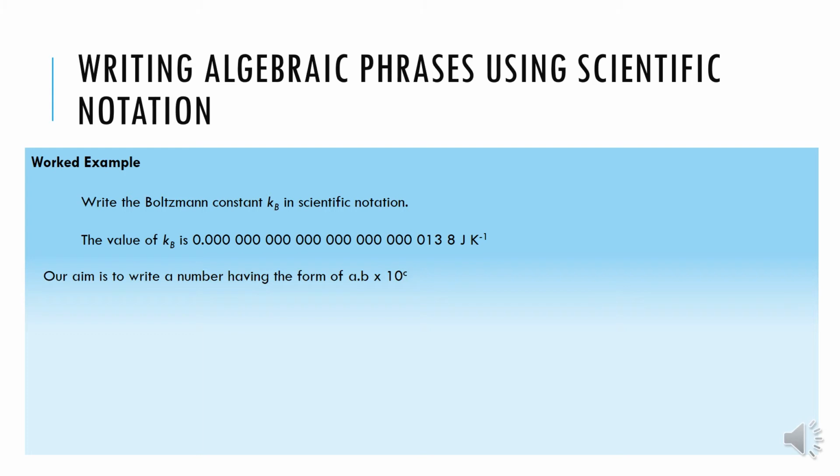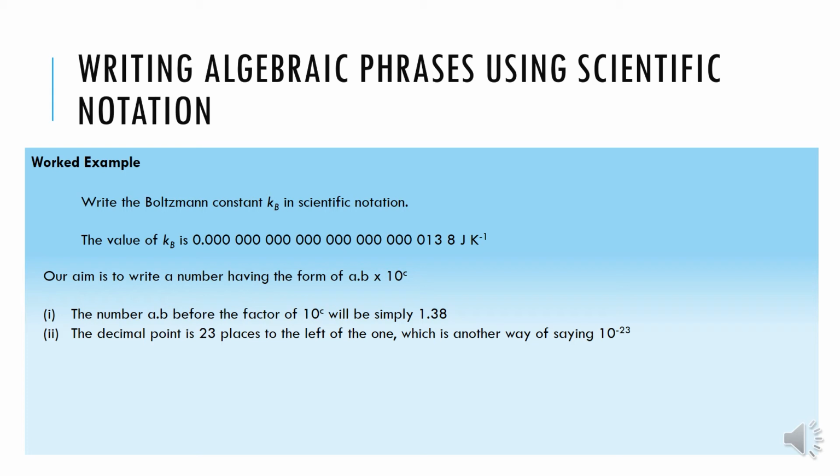So our aim when using scientific notation is to write a number that has the form of a dot b times 10 to the c. So we know that that number a dot b before our factor 10 to the c will be 1.38. We can see that by looking towards the end of the Boltzmann constant written there.